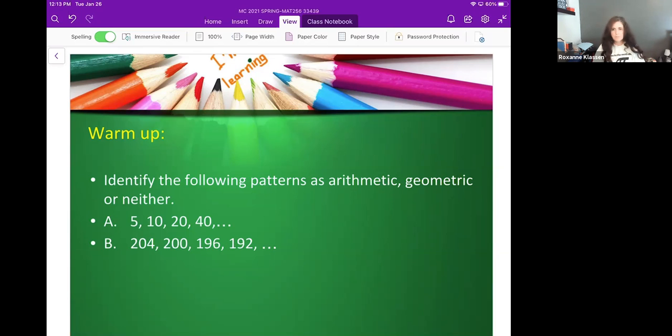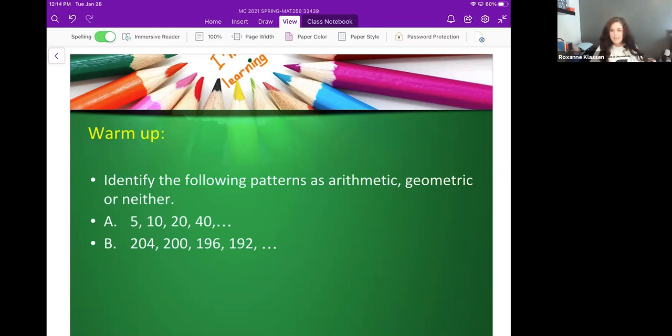All right. I think that's probably enough time. Okay. Anyone, I don't care who it is, tell me what you got for A. Was it geometric, arithmetic, or neither? And how do you know? I got geometric for A. I knew because it's doubling each time. So 5 times 2 is 10, 10 times 2 is 20, 20 times 2 is 40, and so on.